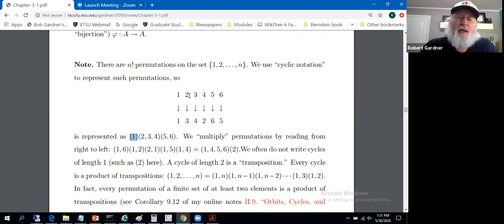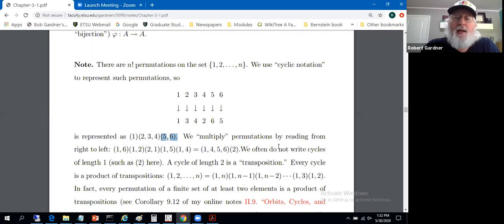That's what the second cycle is. 5 is mapped to 6, and 6 is mapped back to 5. We'll represent that with a cycle of length 2. So the length of a cycle is, of course, the number of elements in that cycle.